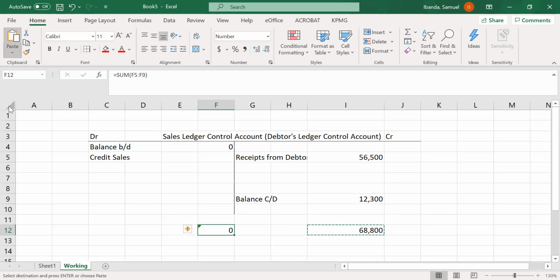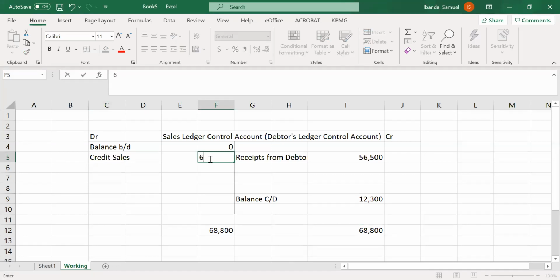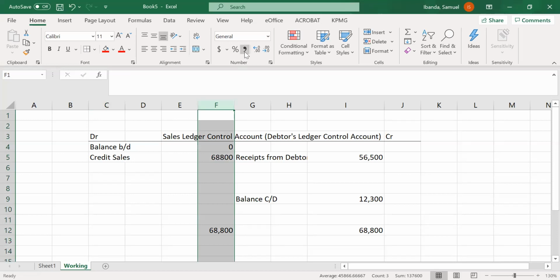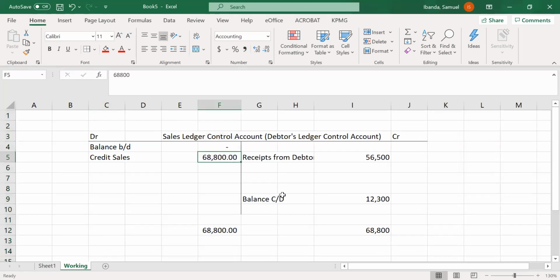But unfortunately, this side does not have any value. Our balance brought down was 0. Credit sales, we don't have. So since this side is supposed to have 68,800 as well, it means that our credit sales in reality are actually 68,800.